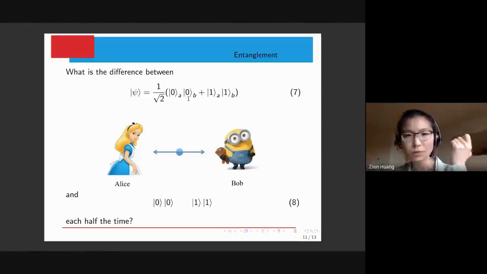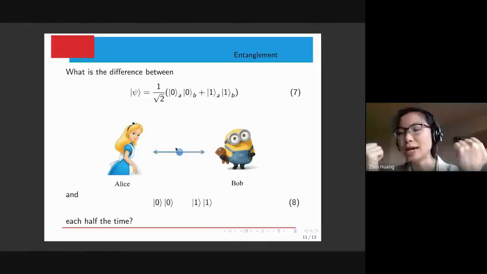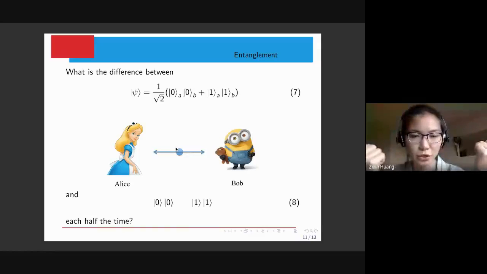But what is the difference between the two parties possessing this maximally entangled state versus something that we can describe classically? Let's say that this source in the middle here spews out particles in either direction.